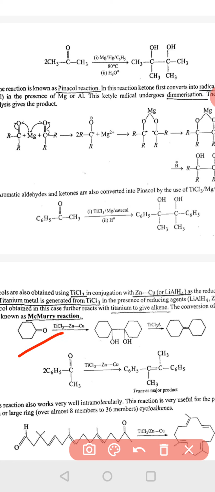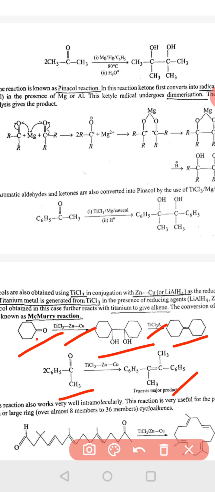We are reducing this cyclic ketone with titanium chloride, zinc and copper. This is the pinacol that is formed. This reacts further with titanium metal from titanium chloride and is converted to alkene. This is another example, and we get trans alkene as the major product.